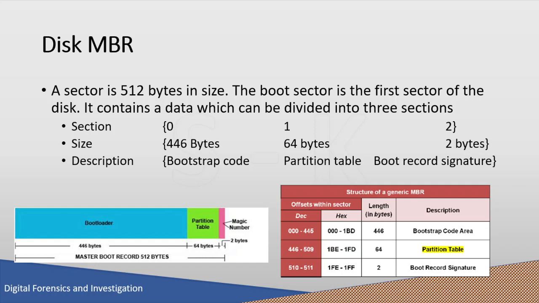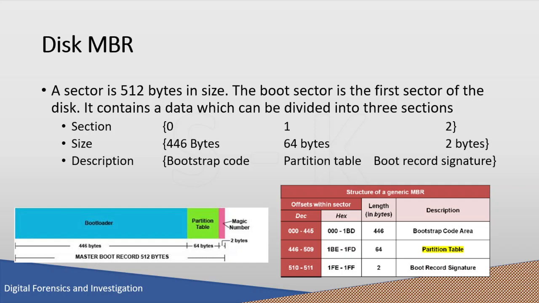As you can see in the figure, the bootstrap code area is the first area, then we have the partition table area in the MBR, and then we have the boot record signature or magic number area. The table also includes further details about their location within the sectors, and this information is very critical to correctly analyze the MBR and that hard drive.